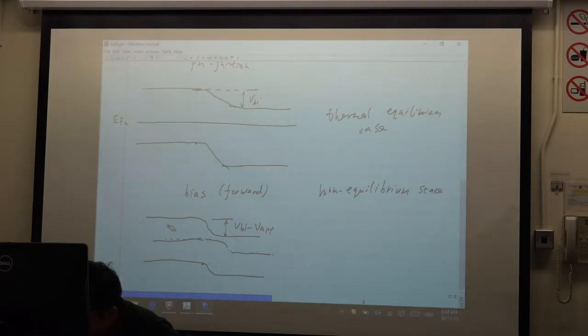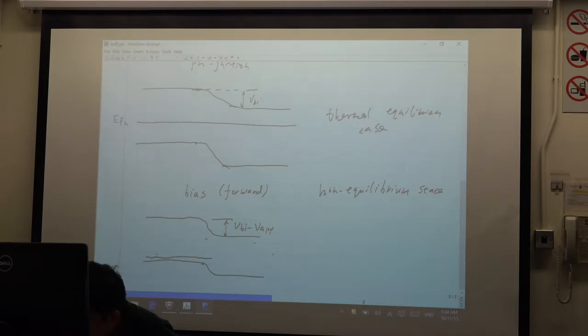For the N side, it's something like that. For the P side, initially it aligns with the valence band.